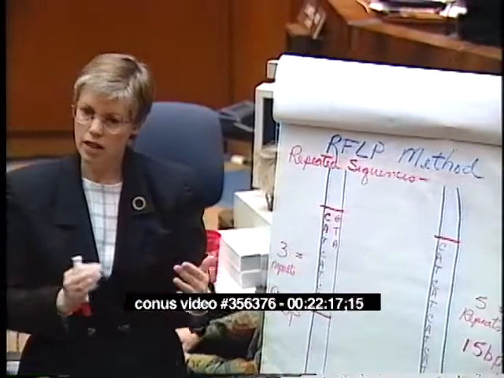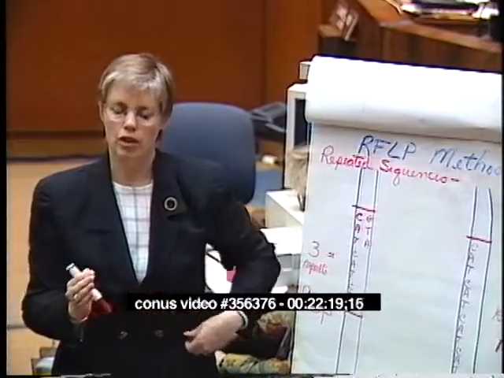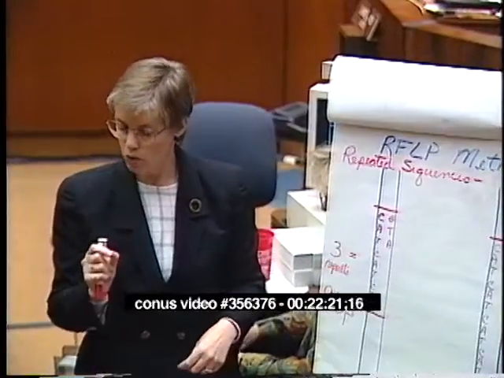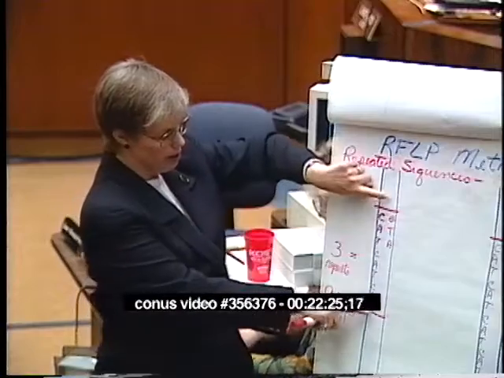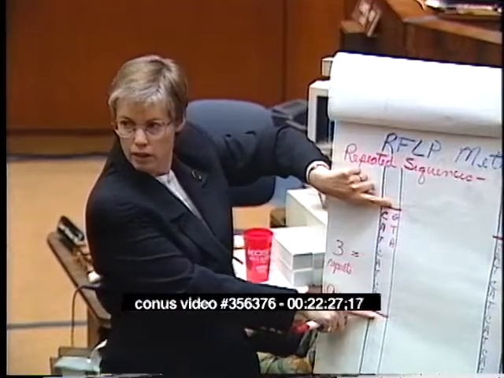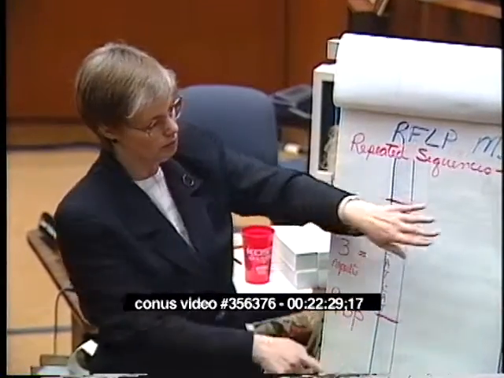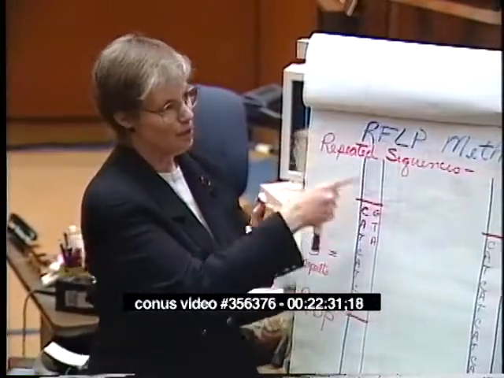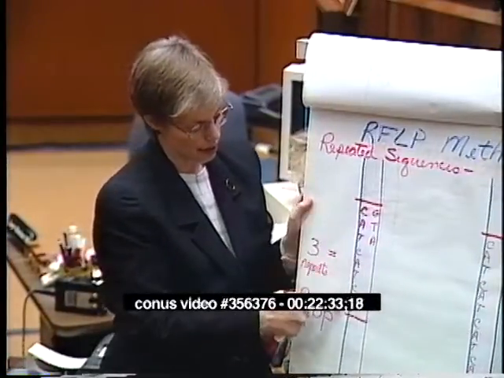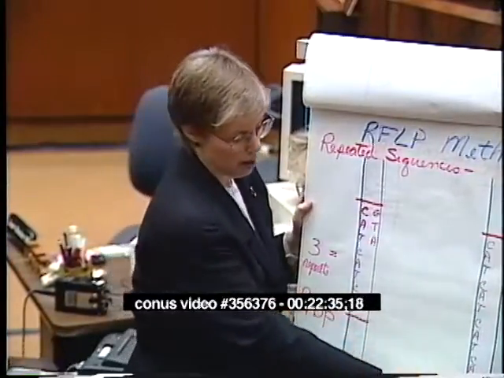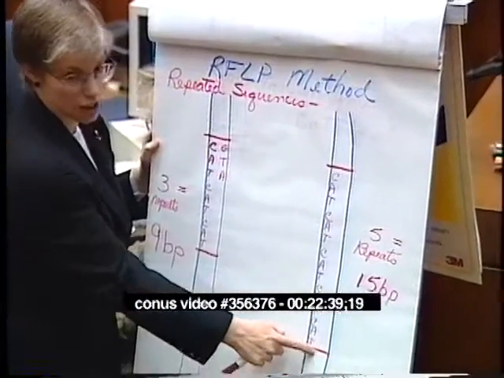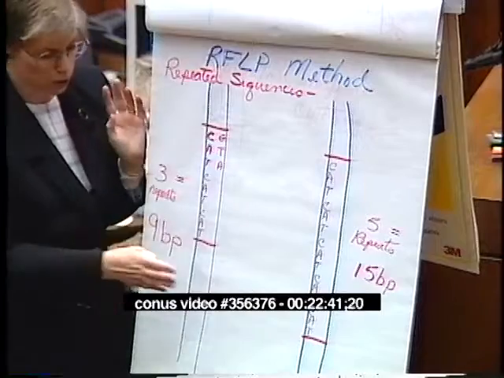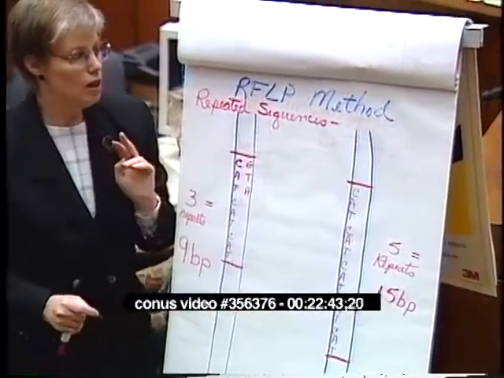The test is set up so that you are using a specific restriction enzyme that we know will cut outside the area of the repeats. The enzyme is designed so it will cut just before the beginning of the repeat, and just after the repeat, or somewhere close to that.